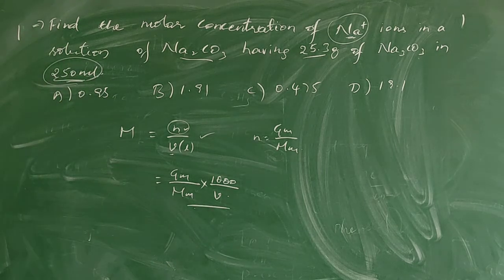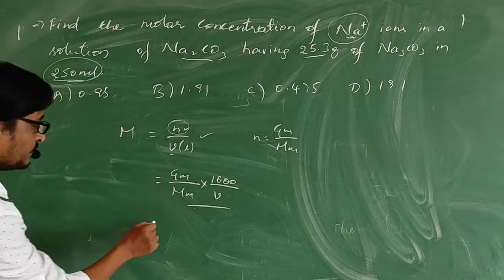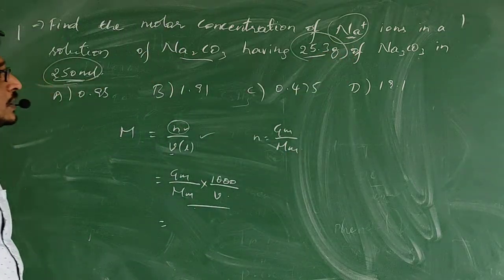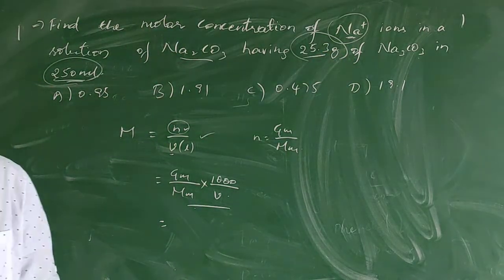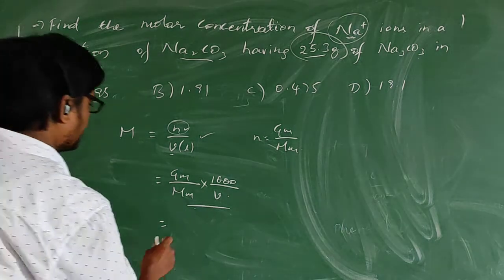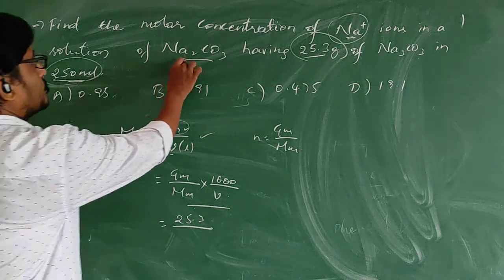Okay, let us substitute the things and find the concentration of sodium carbonate. This is equal to given mass, he has given 25.3 grams. Let us see whether that is 25.3 or not. Yeah, 25.3 grams, correct only. So 25.3 by molar mass of sodium carbonate.